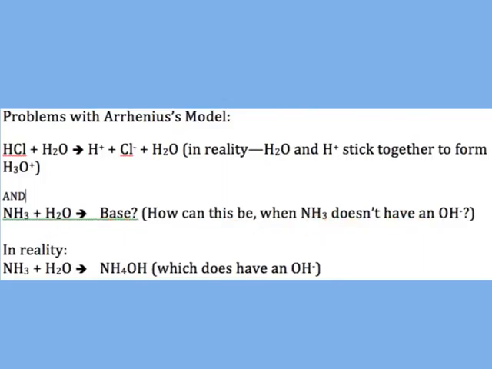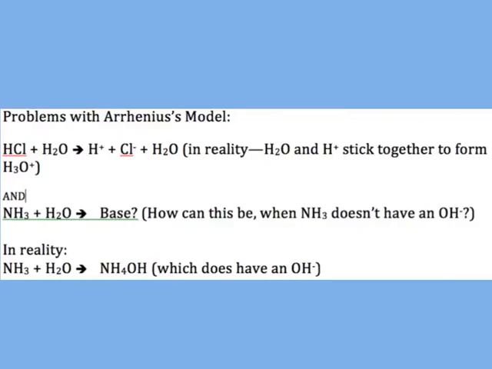NH3 doesn't have any OH-. So in reality, what happens is that the NH3 and the H2O form a compound that looks like this, which is called ammonium hydroxide, which, as you can see, does have a hydroxide ion. Unfortunately, Arrhenius' model doesn't account for those things, and therefore we say that it has limitations.